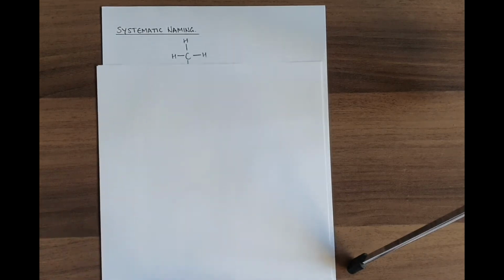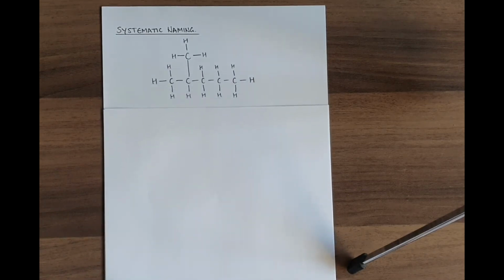So I'm going to show you this structure here, and we're going to take our time and go through the systematic naming process in detail to come up with a detailed name for this compound. So if we look at it, we can see that it's slightly different from the compounds that we've looked at so far.